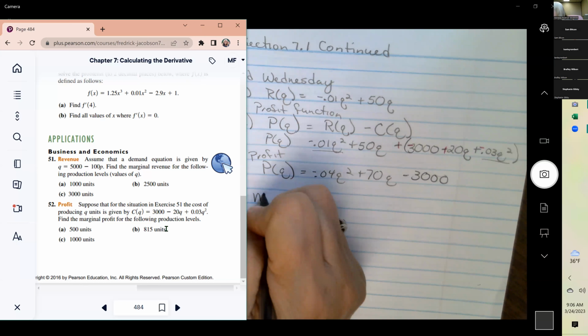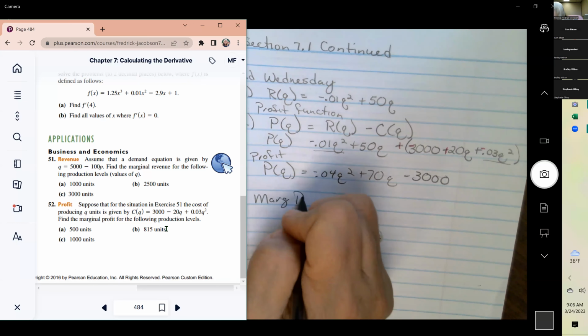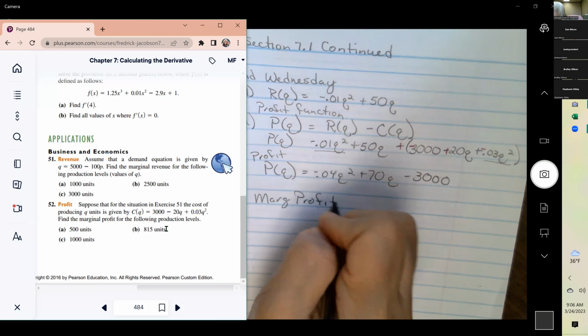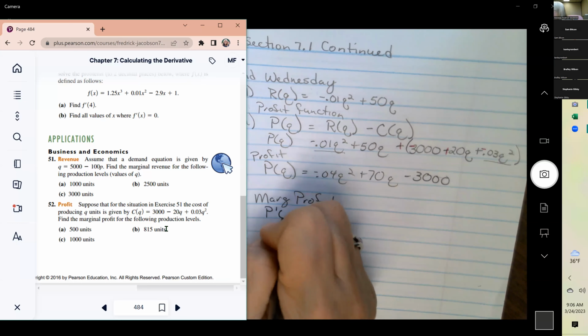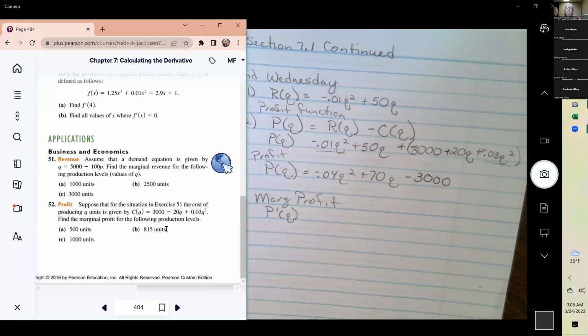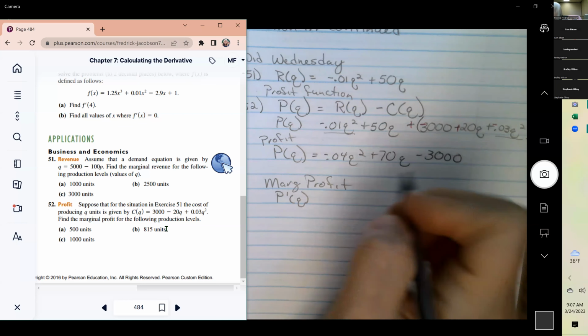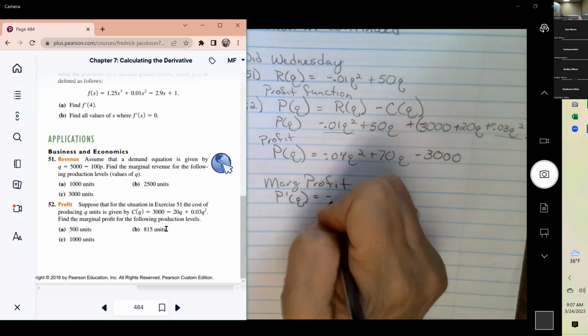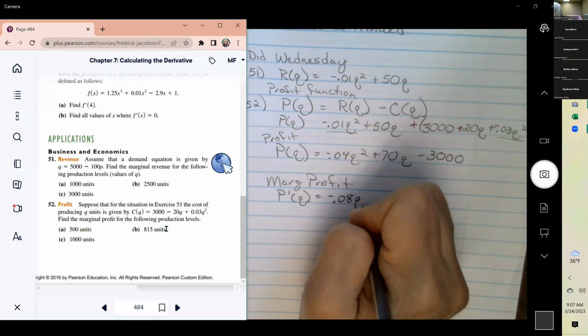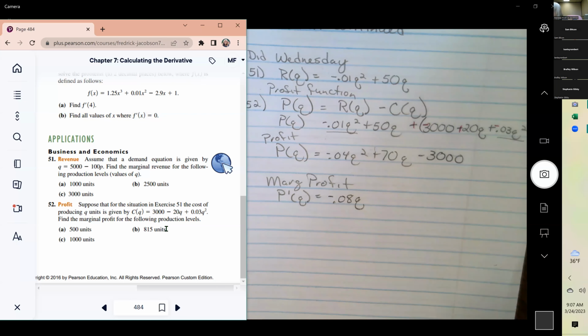We want marginal profit. Marginal profit means derivative. Just about everything, if you're not sure what it is, take the derivative. That's going to be part of it. So if we take the derivative of this, 2 times the decimals is a negative 0.08, q to the first because we subtracted 1.